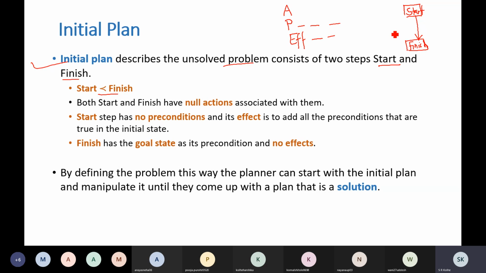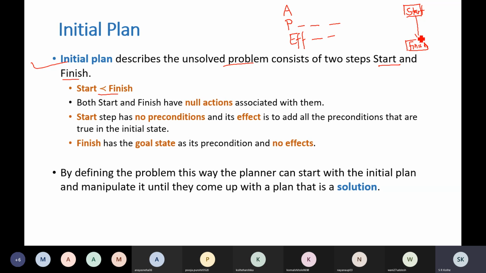Same way, finish state is your goal state. So it will have preconditions but no effect. So this finish state will have preconditions associated with it.